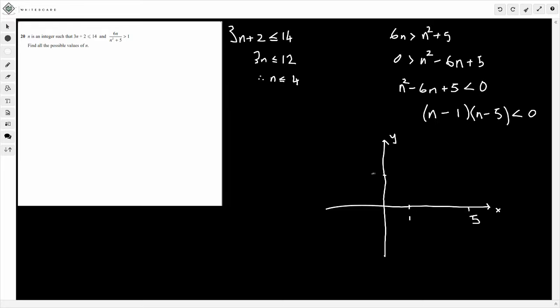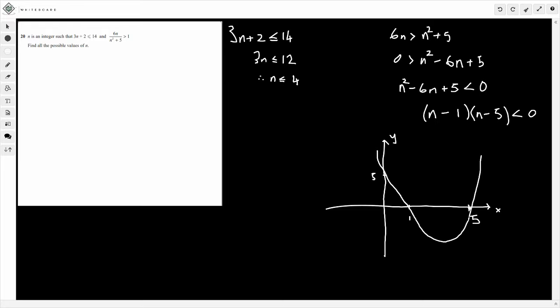So this is probably going to look terrible when I actually draw it. I should have drawn it a little higher. Not bad. So it's going to look something like that. It's just a positive parabola.